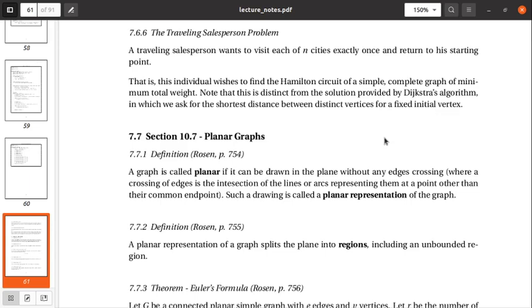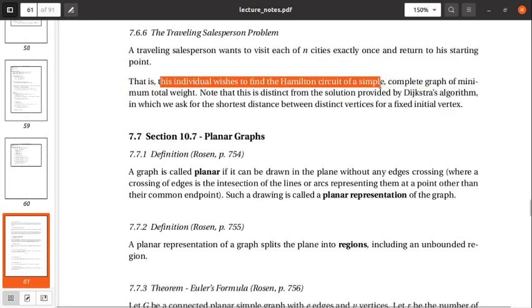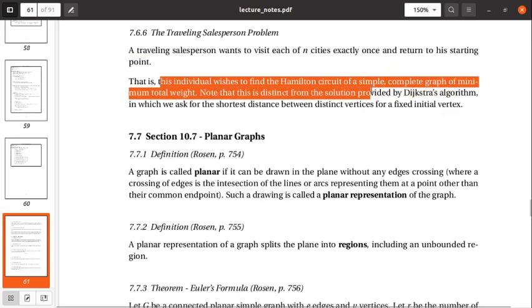And that doesn't mean that the solution that you come up with isn't the absolute best solution. It just means that you weren't able to iterate over the entire collection of solutions to guarantee that it was the minimum. And it's because of the nature of this problem. So restated, this individual wishes to find the Hamilton circuit, so consuming vertices, of a simple, complete graph of minimum total weight.